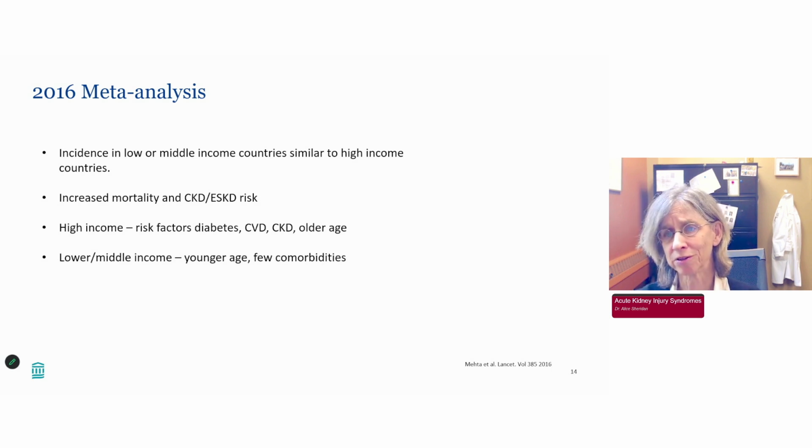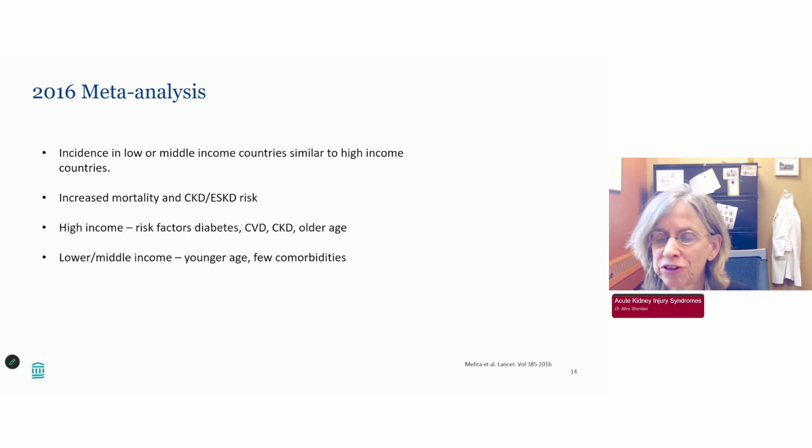So the net number is much higher in developing countries, but the incidence is roughly the same. As has been shown in multiple studies, AKI conferred increased mortality in community-acquired AKI, and, as we know, in hospital-acquired AKI.